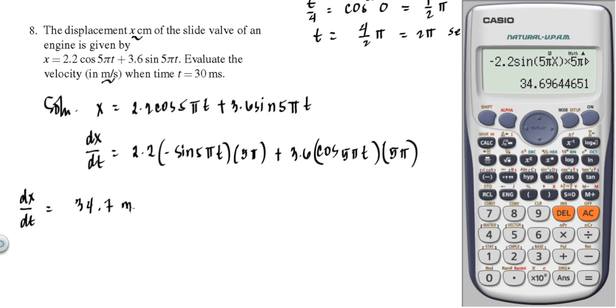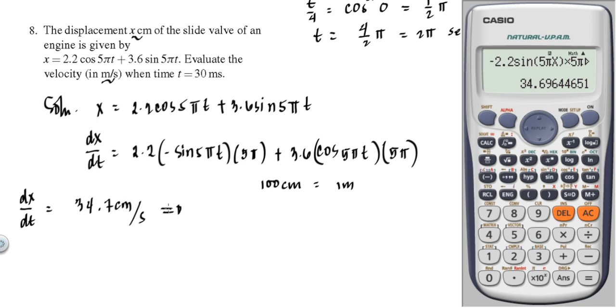34.7 meter per second. Okay? So, ano nangyari? CM pala to. Sorry, cm per second. Convert pa natin into meter per second. So, 100 cm, 1 meter.